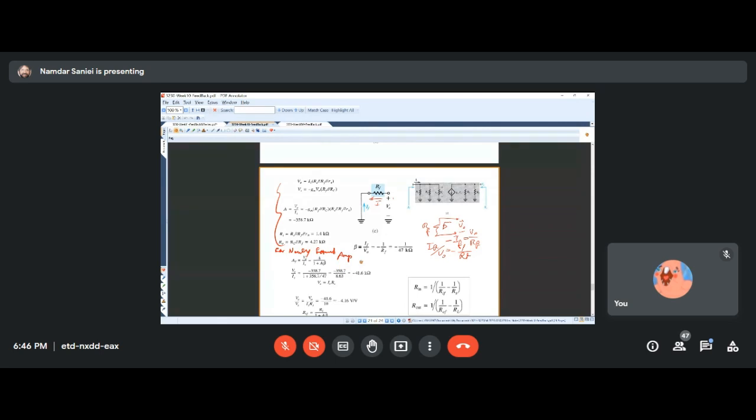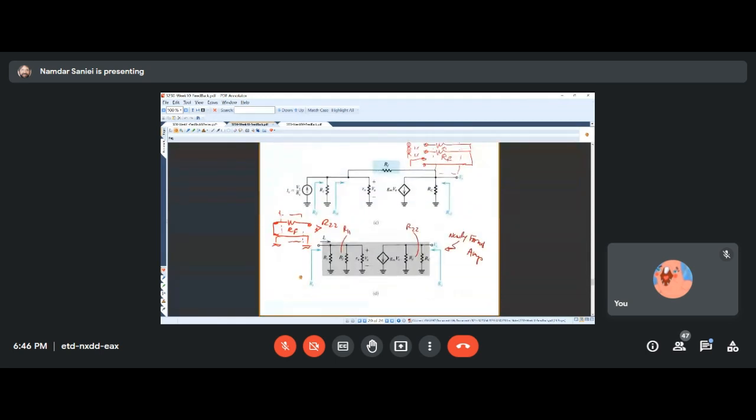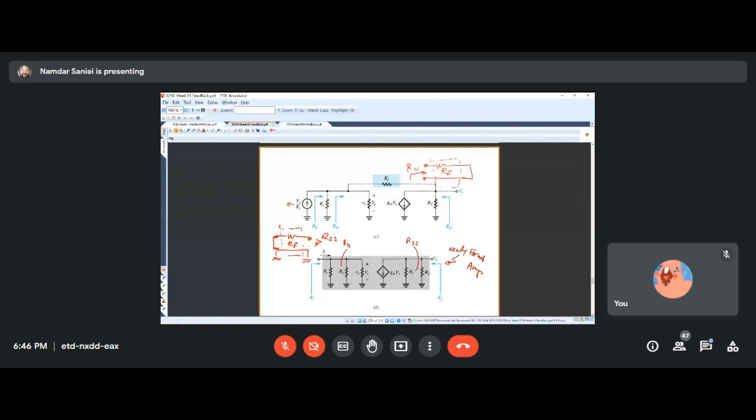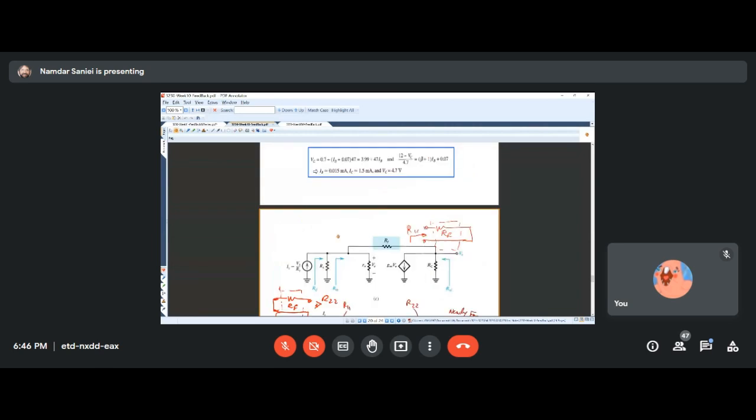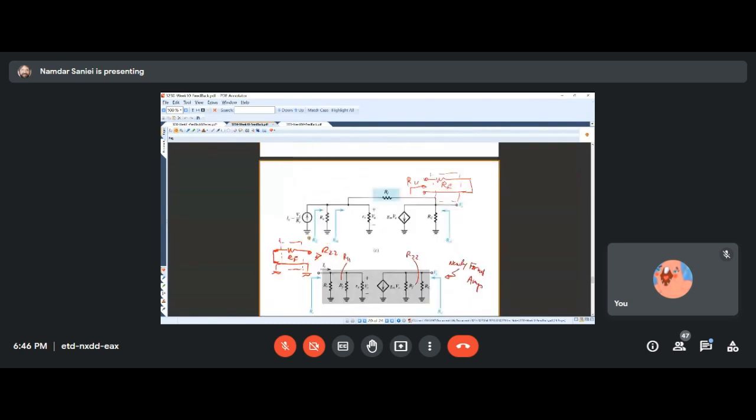Now, if we were interested in VO over VS, again, VS is IS times RS. In fact, we found this by converting this VS and RS to a current source, which is VS over RS and RS.